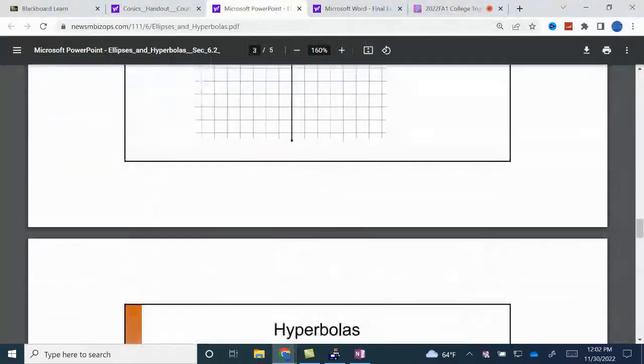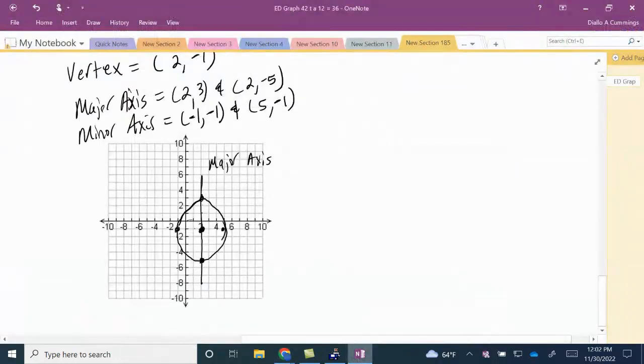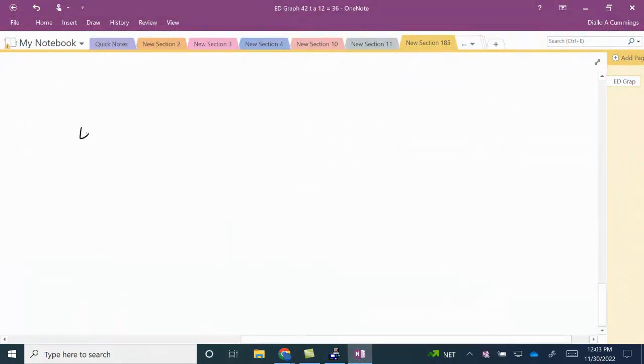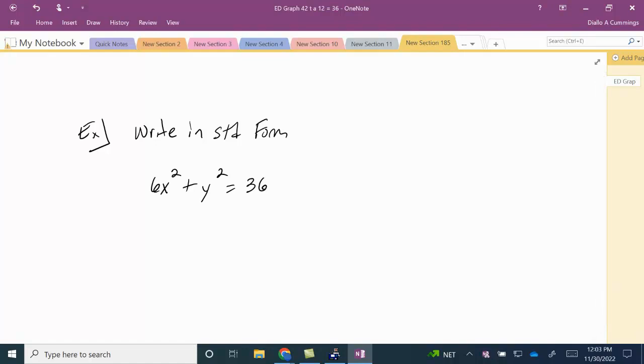All right, now let's take a look at some other examples. We're asked to write in standard form, and we're given 6x² plus y² is equal to 36. So we're going to write this in standard form.